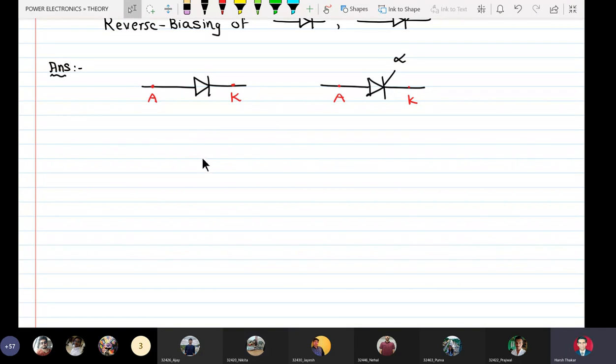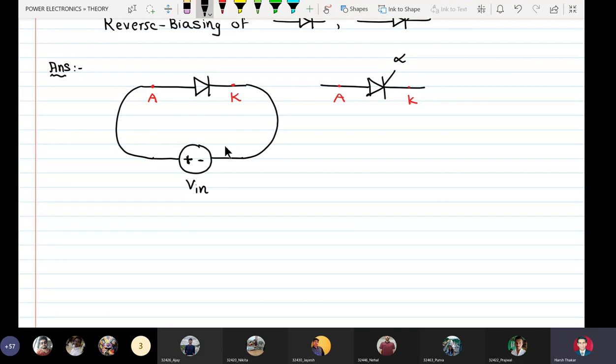I am drawing the DC source now. This is my DC source, and these are the two terminals. Tell me now, which terminal of the source should I connect where? Sir, positive terminal will connect to anode. Okay. So you told that positive terminal should be connected to anode and the other to cathode. So if I draw like this, it is forward biased?